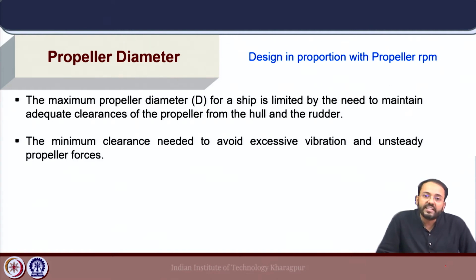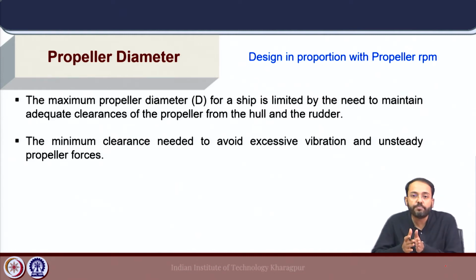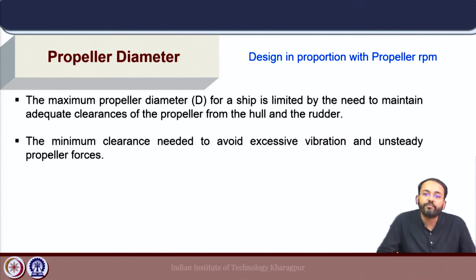Now, the minimum clearance that needs to be maintained between the propeller blade tip and the hull, and also between the propeller and the rudder, is defined by certain requirements. The basis is to avoid excessive vibration and unsteady propeller forces, because when the blade operates in an unsteady flow field, if the blade is in the vicinity of the ship hull and the clearances are not maintained, then the ship hull will vibrate, and that will lead to both discomfort as well as structural problems.